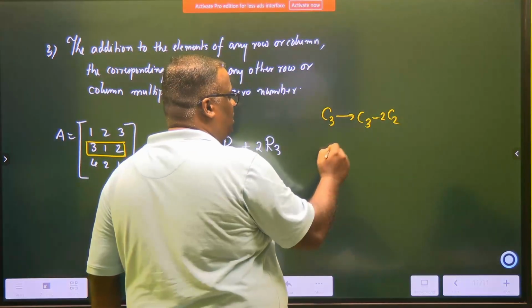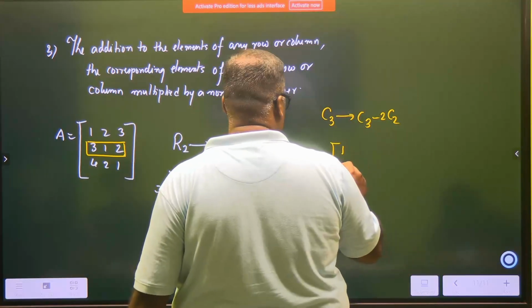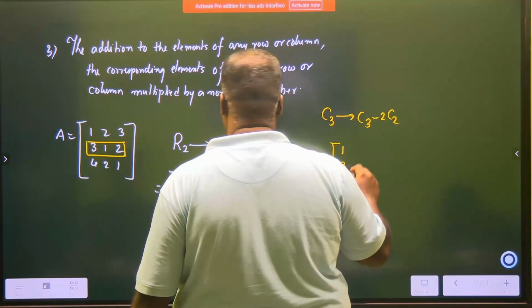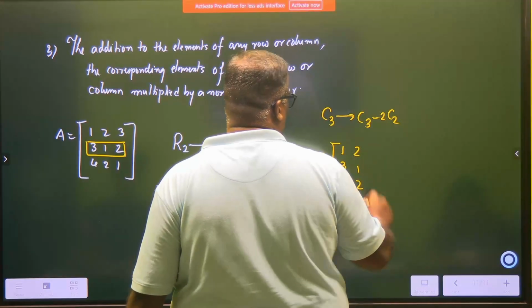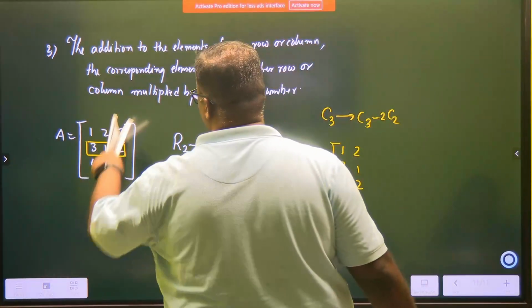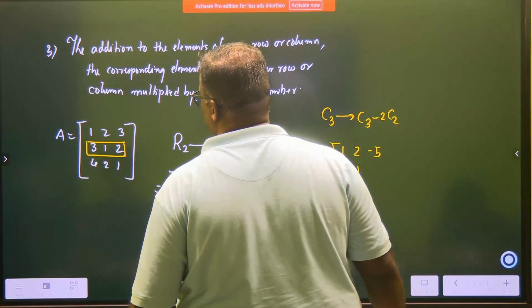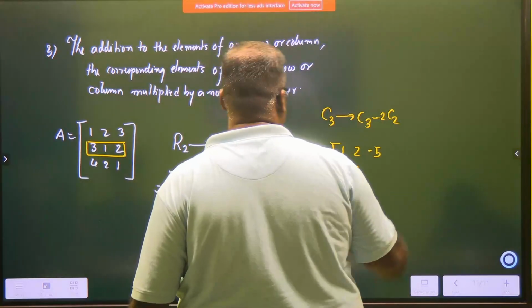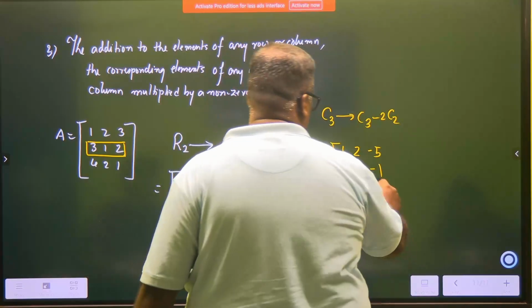That means every change is going to happen in C3. So C1, C2 remain the same: 1, 3, 4, and then 2, 1, 2. Now my C3 minus 2 times C2: 1 minus 6 gives me minus 5. 3 minus 4 gives me minus 1. And 4 minus 2 gives me 2.